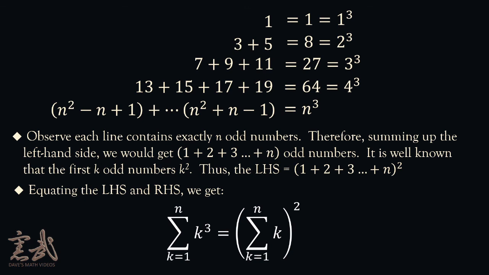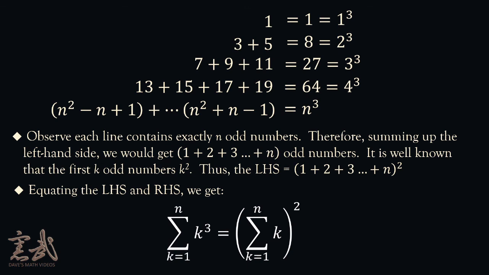At the same time, it's a well-known property that the first k odd numbers sum to k squared. Therefore, the total of the left-hand side would simply be the quantity squared. In other words, the left-hand side is equal to the sum of 1 plus 2 plus 3 going all the way up to n, taking that sum and squaring it.